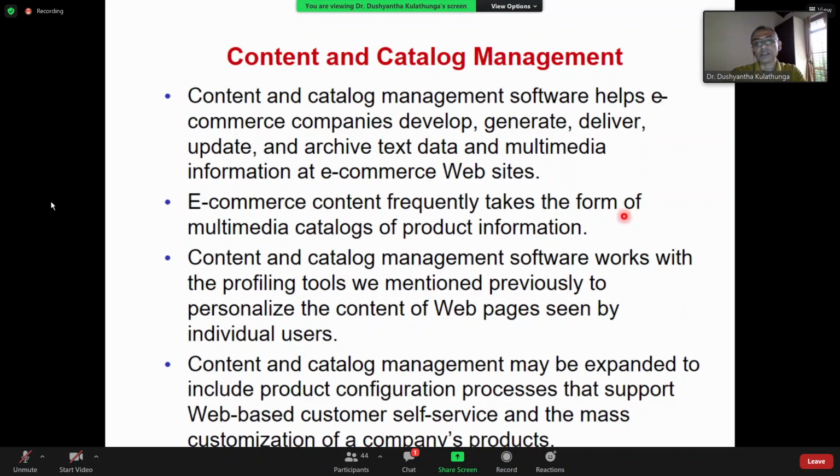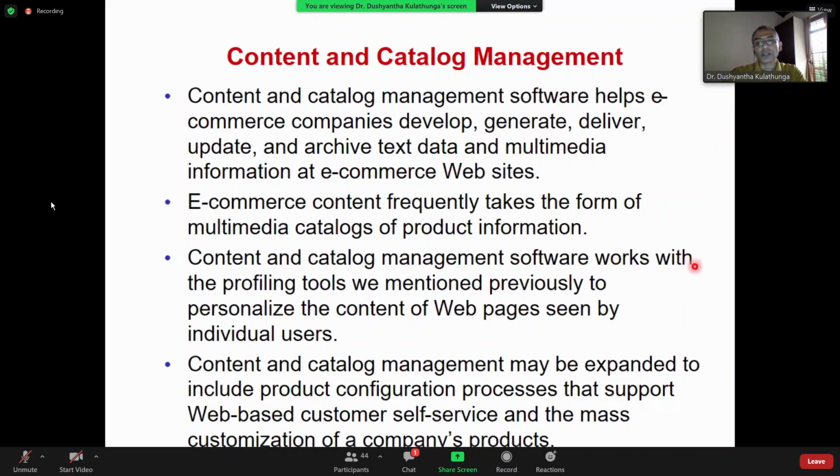Video illustrations can be provided on how to use the product. Likewise, product catalogs can be developed utilizing multimedia, enabling customers to go through the product information in a more effective manner.